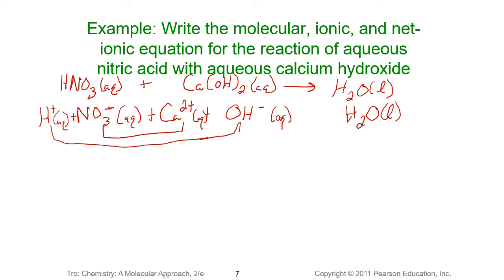We're going to take the calcium and the nitrate, and we're going to form calcium nitrate. Nitrate's a -1, calcium's a +2. So we're going to need 2 nitrates to balance the charge of the calcium.